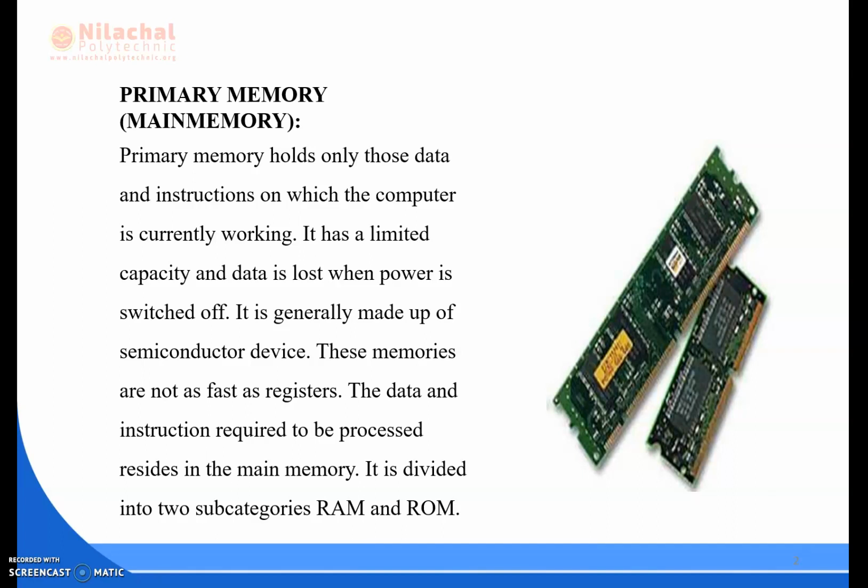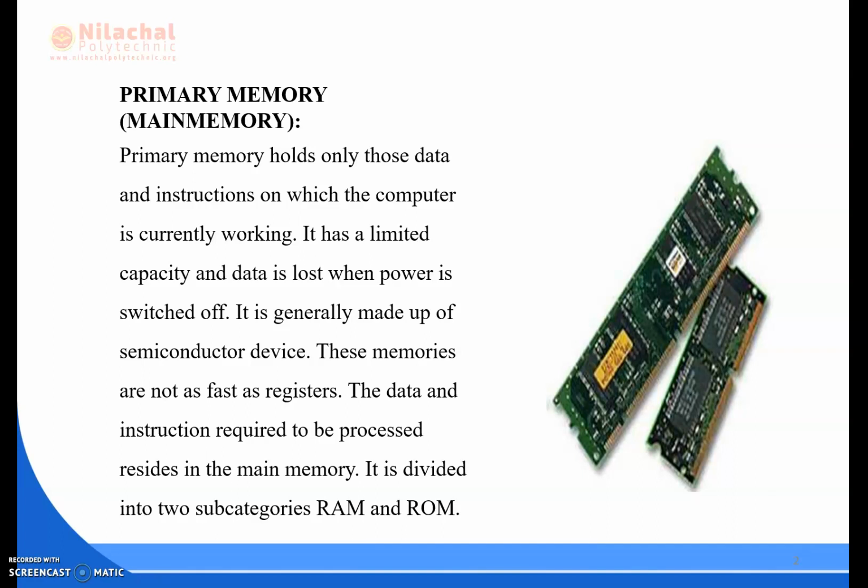So these are some basic features of primary memory. It stores data and instructions that a user is currently working on, and it is volatile in nature, that is the data is lost when the power is switched off. It has limited capacity, whose size is more than the register and cache memory but less than the secondary or backup memory. It is made up of semiconductor and is faster.